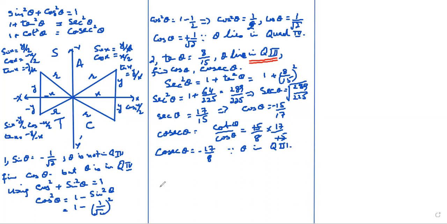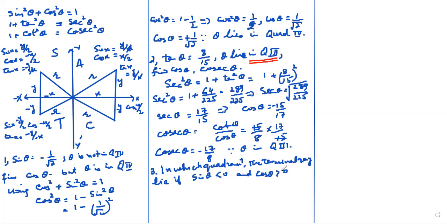Right. The next question is very simple, straight. In which quadrant does the terminal ray of the angle lie if sine theta is negative and cosine theta is positive?